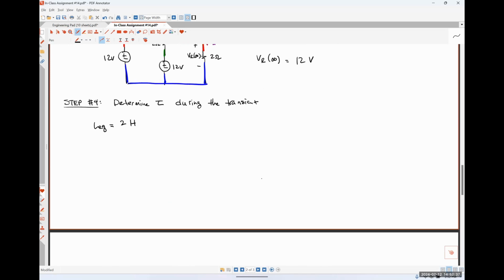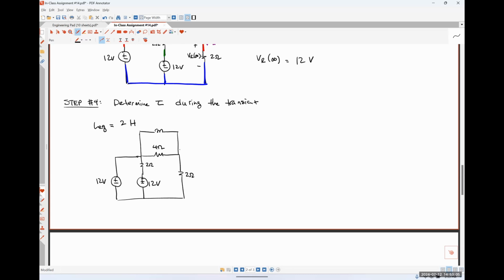Now I'm going to redraw my circuit during the transient condition. So I have a 12-volt source here, 2 ohm resistor, 12-volt source here, 4 ohm resistor, 2 ohm resistor. Up here's my inductor, right?